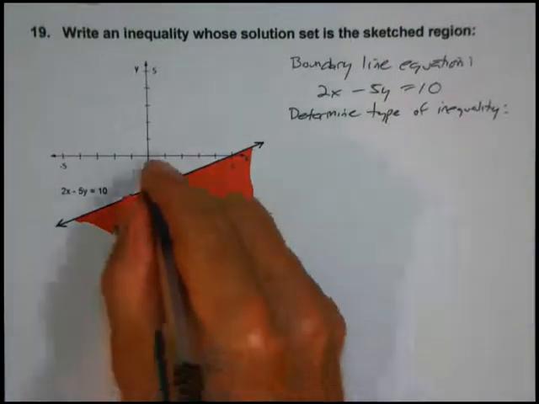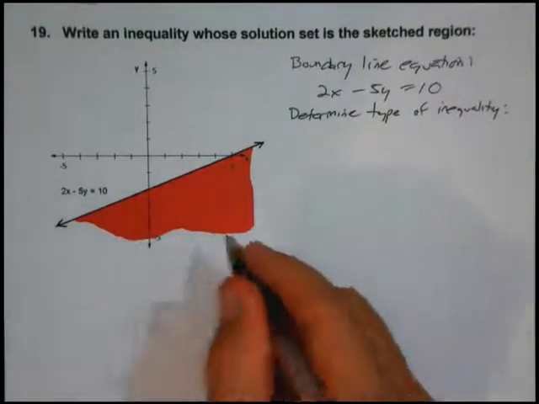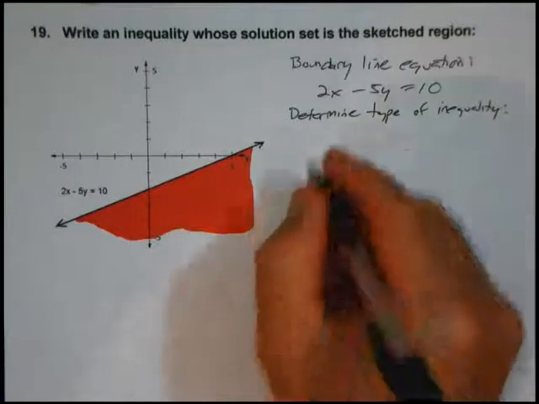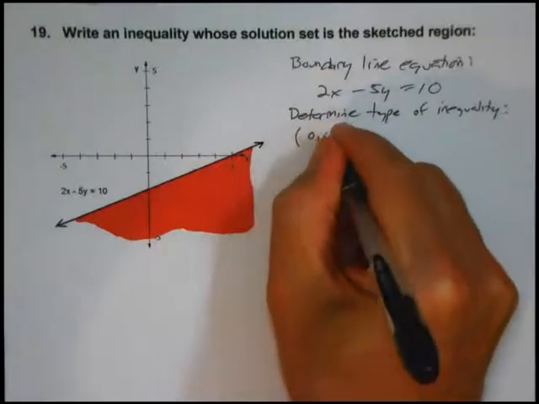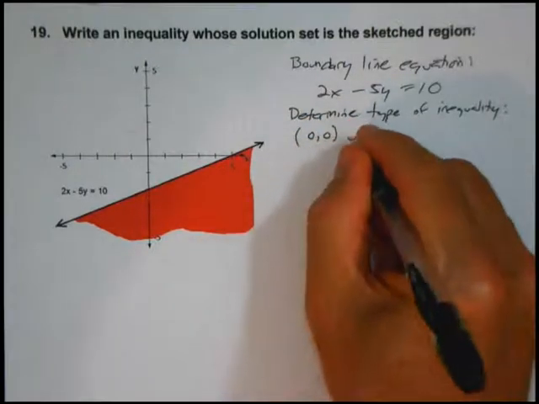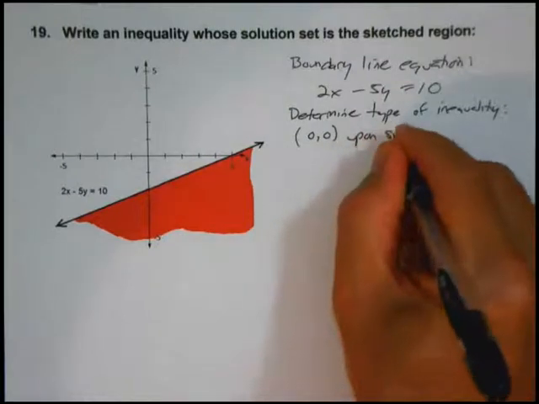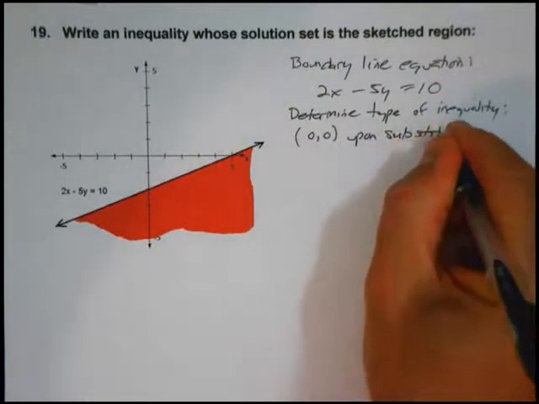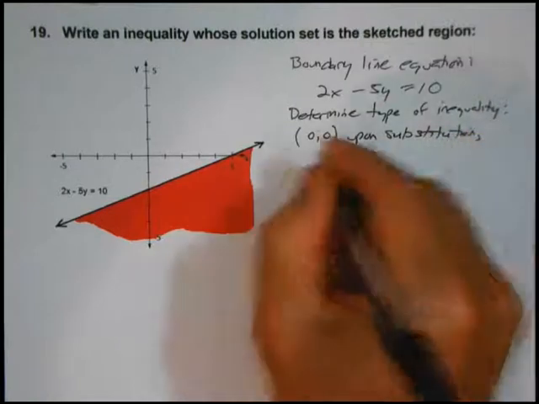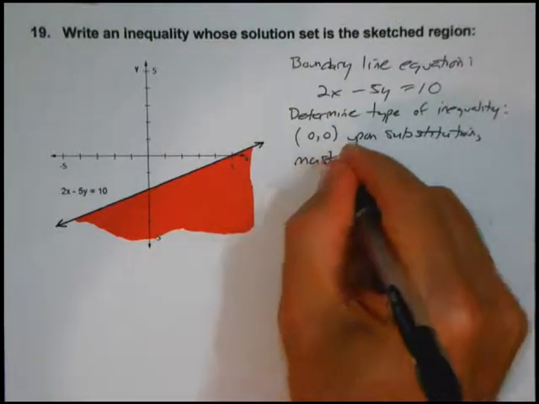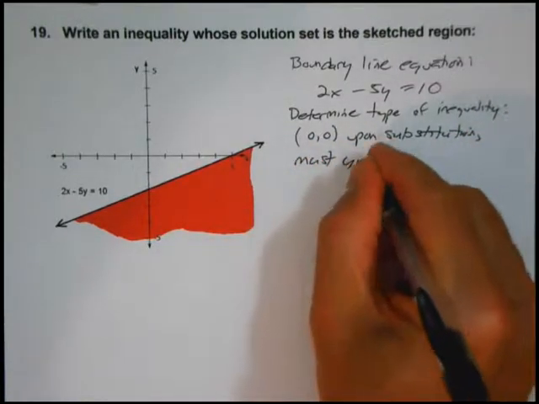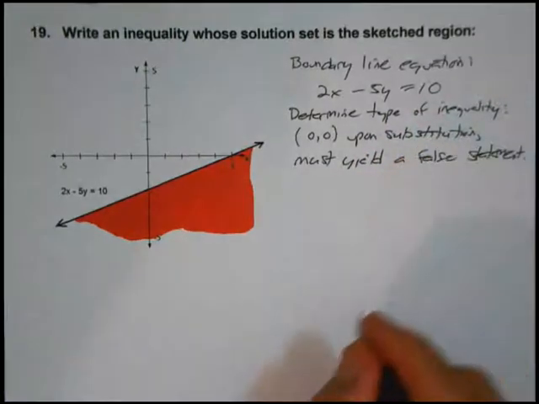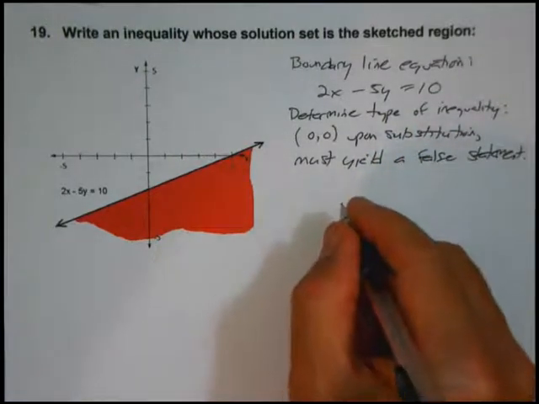So 0, 0, upon substitution, must yield a false statement. Okay, let's substitute in and see what we have here.